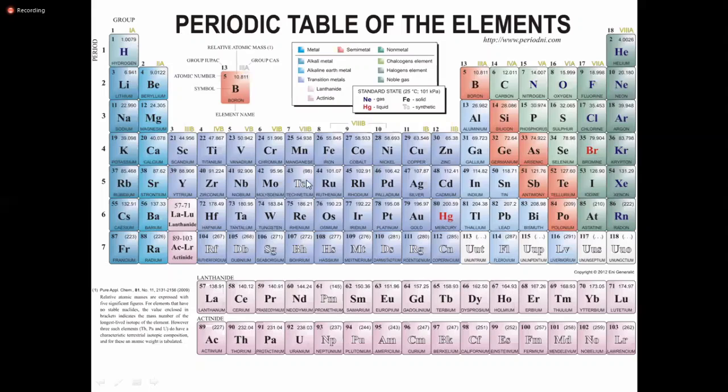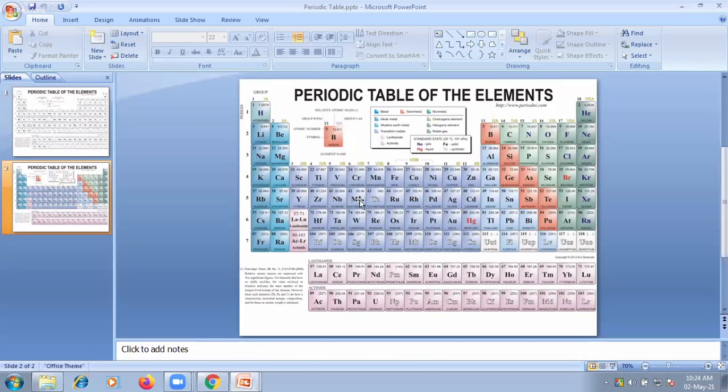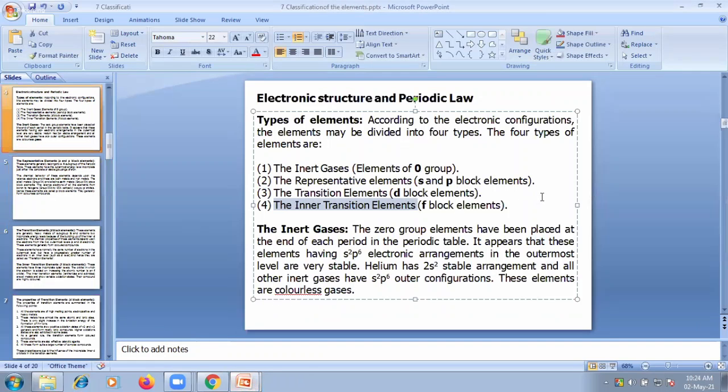How about the actinide series? From 89 to 103. Very good. So, according to the similar reason, it is placed outside the main body of the periodic table.